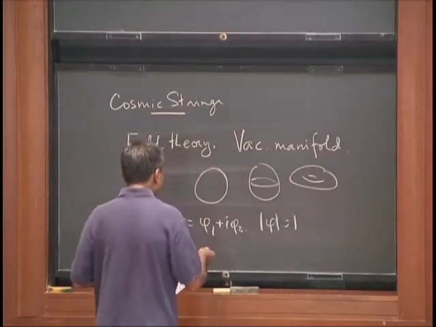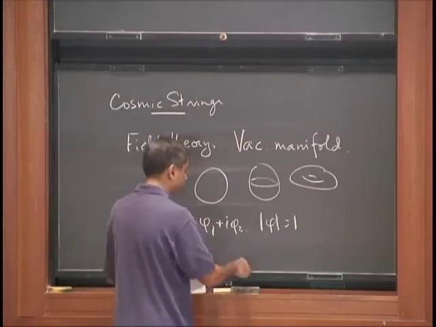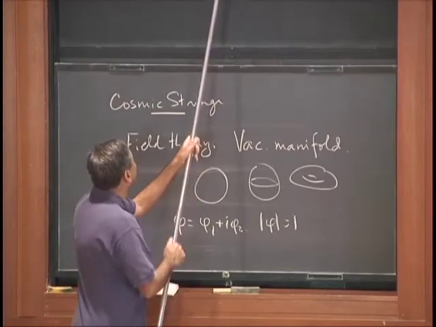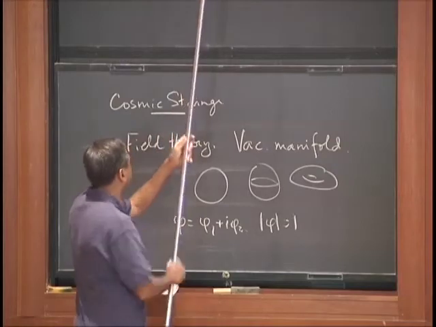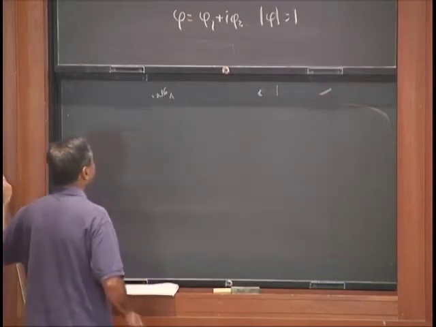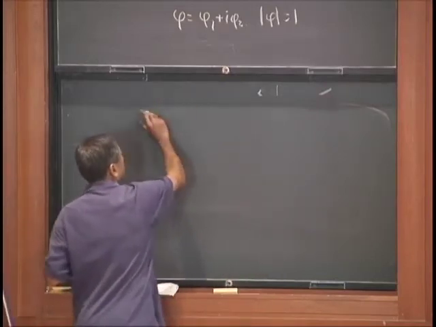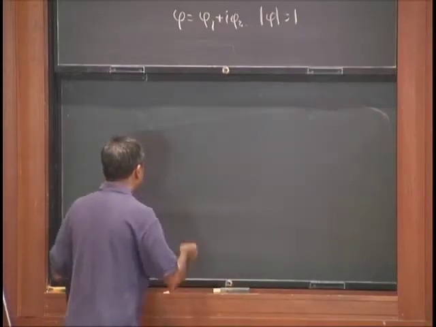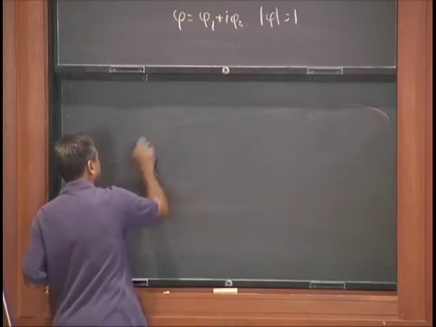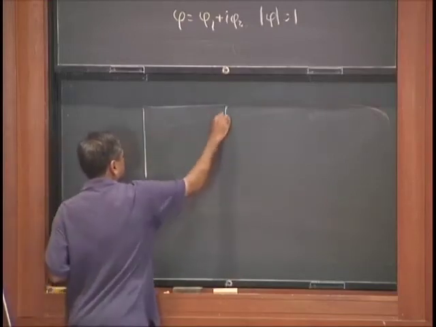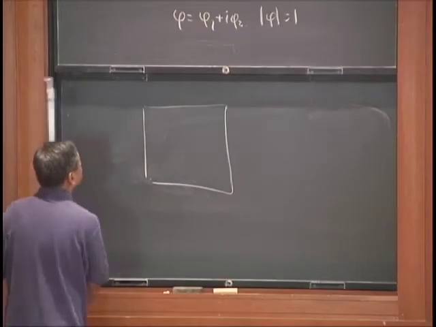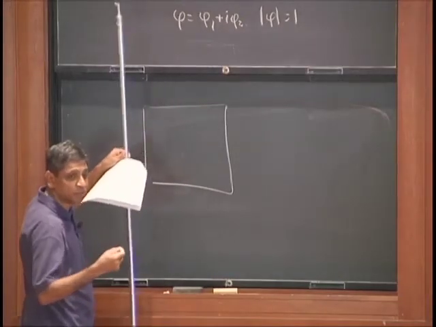So you can imagine some region of space, and the field has to decide on which point of the circle, on which vacuum, it should go.